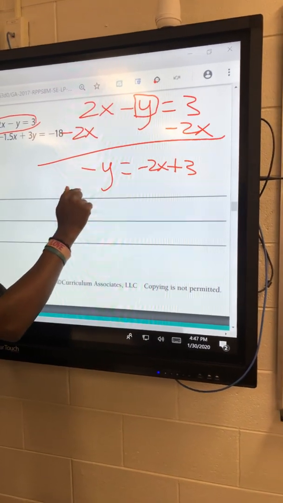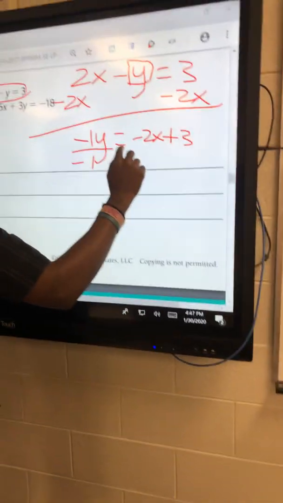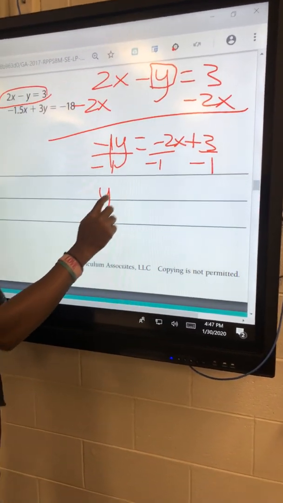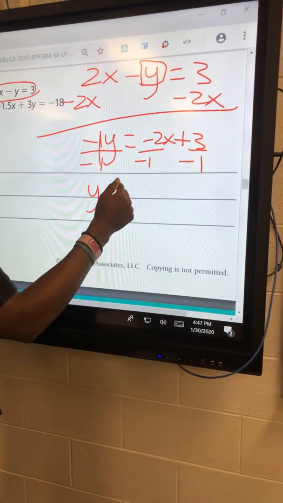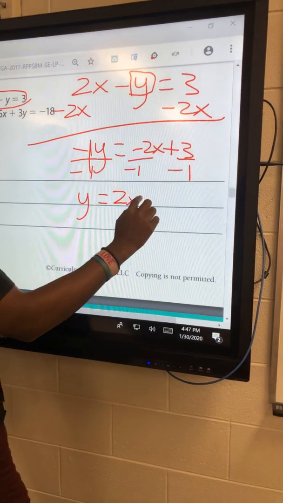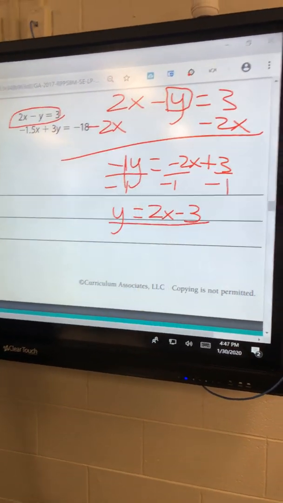I need y, not negative y. So I'm going to divide by negative 1 because this is a negative 1y. So I get y equals 2x minus 3, since negative 2 divided by negative 1 is positive 2 and 3 divided by negative 1 is negative 3. So now I have my equation in the form of y equals mx plus b.